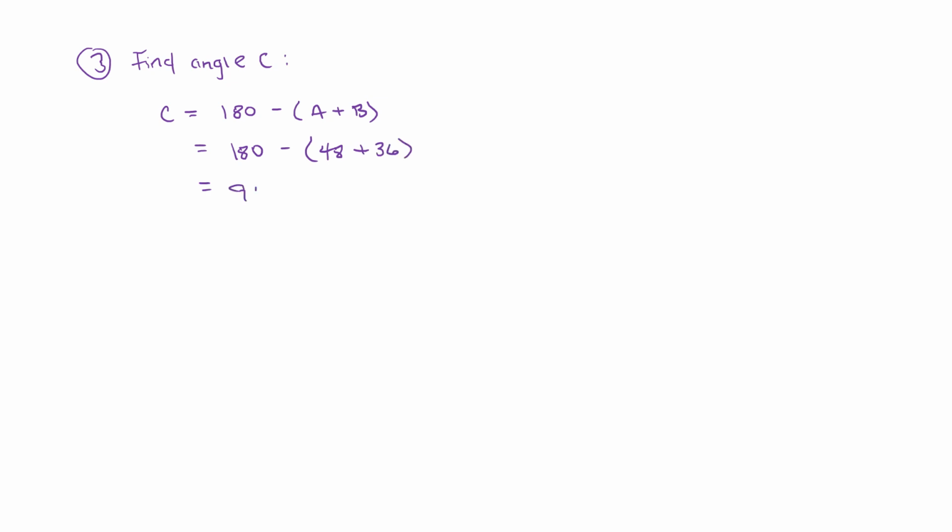And this will sum to 96 degrees. Okay, and so we found our last missing piece, which is 96 degrees. So we have all of the missing sides and angles for our triangle.